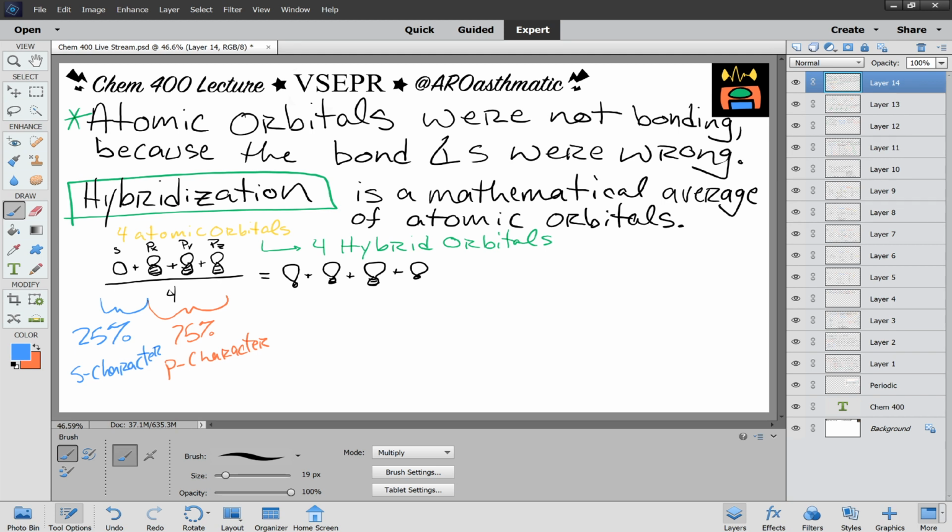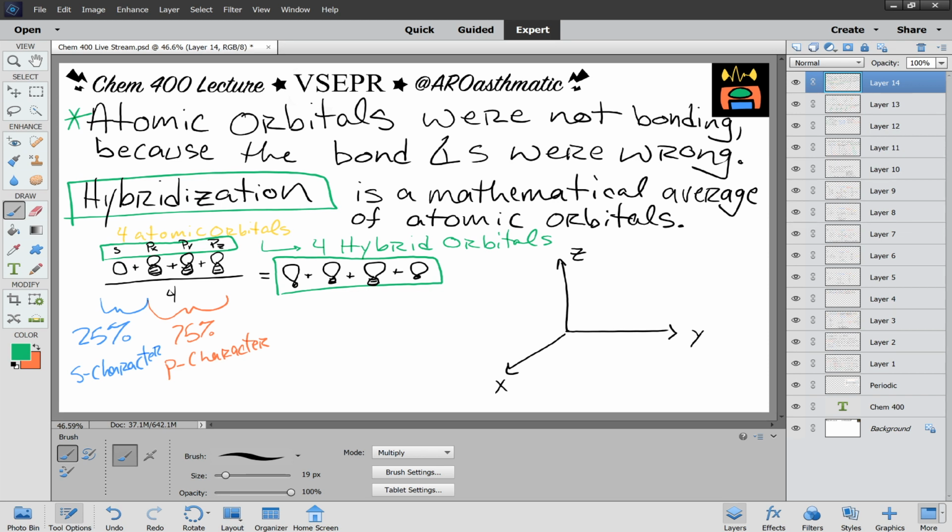And when you look at where these 4 new orbitals sit on a 3-dimensional coordinate plane, these are the positions they occupy. Now, we know that the s orbital has no directionality to it, but these new hybrid orbitals are a combination of the s with px, py, and pz.